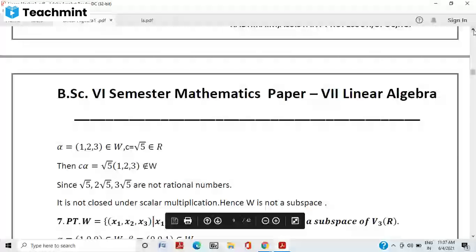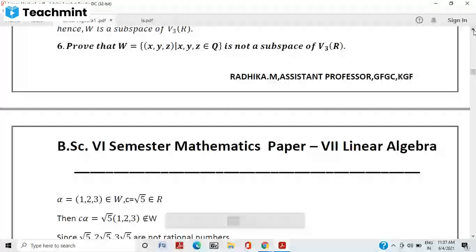This is a university question form, a 2 marks question. What is given? W equal to the set of all (x, y, z) belonging to Q is not a subspace of V3 of R. Here F is R, the set of real numbers, but W consists of (x, y, z) where all the elements are rational numbers.